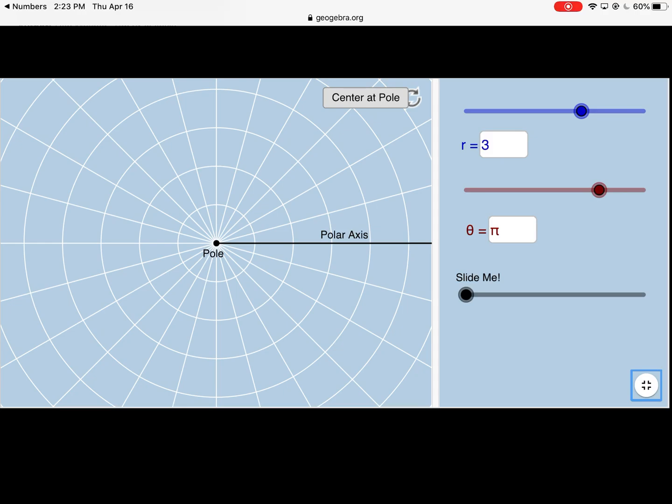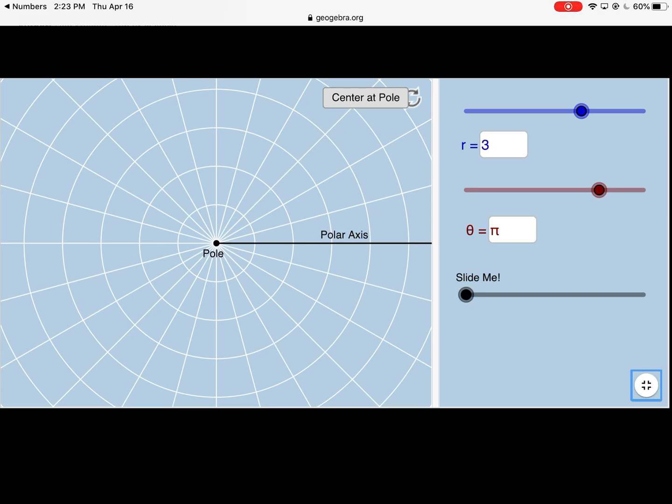Okay, and notice that each one of these circles is centered at the pole, right? The smallest circle that you see in the middle there would be a circle whose radius is 1. And then the next circle out from that would be a circle of radius 2, then radius 3, 4, and so forth. Okay? You have the pole labeled, you have the polar axis labeled.